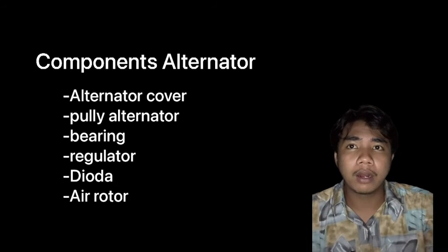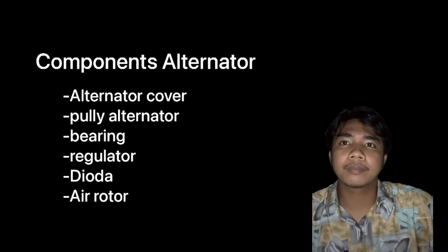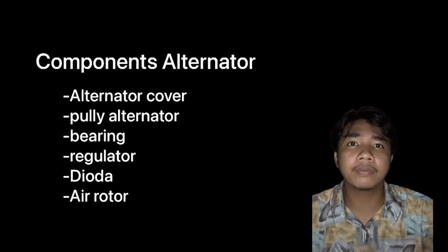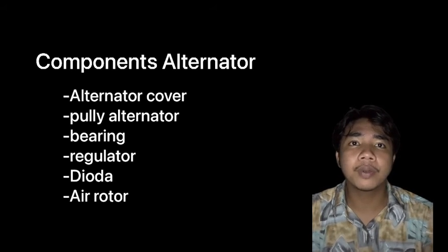Okay, last component, number 6, stator. This tool is in the form of a coil that functions to convert magnetic energy into electrical energy. The electrical energy produced will be passed on to the brush and diode.